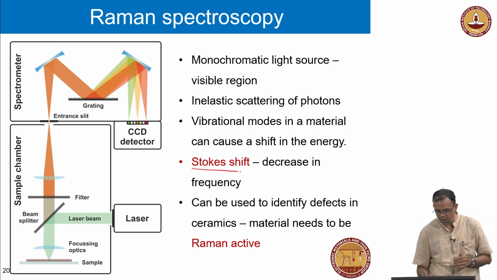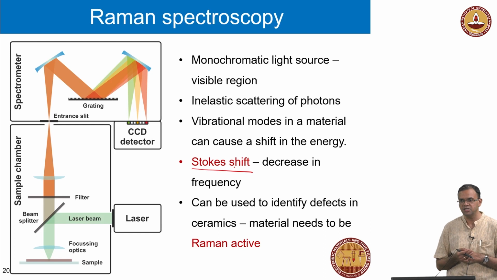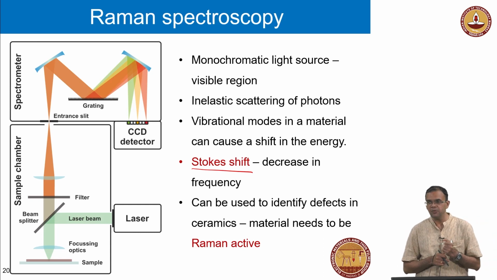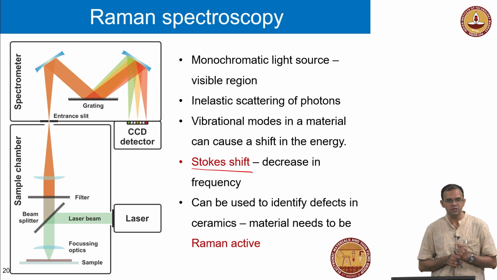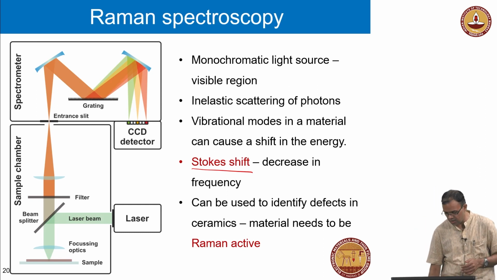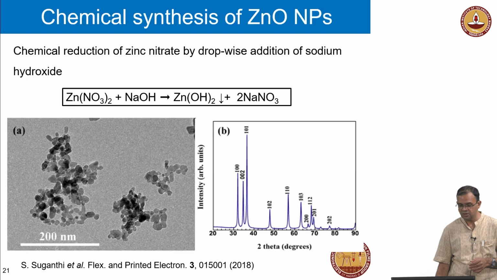Usually we have what is called a Stokes shift, where the frequency or the energy reduces, and this can be used to identify defects. So depending upon the particular sample you have and the conditions, Raman spectroscopy can be used to characterize the types of defects that are present in your sample.